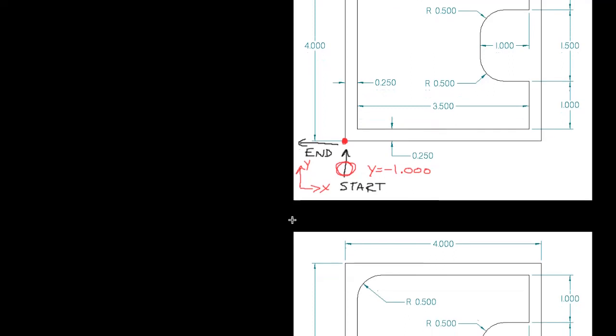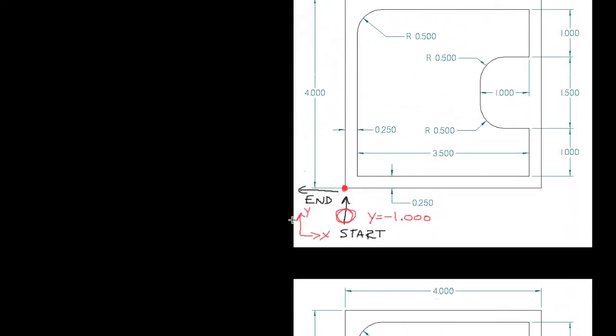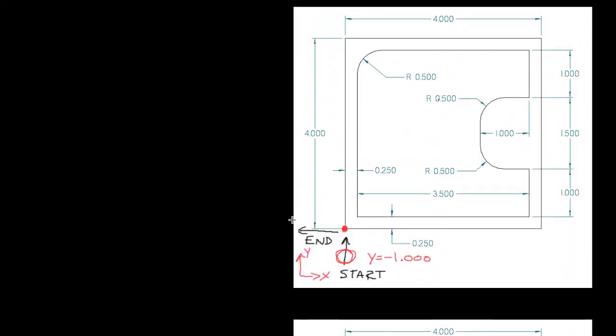Okay, so the first thing I like to do is just set out my coordinates. So I'm going to call this point A. And maybe I'll switch to a blue color here.